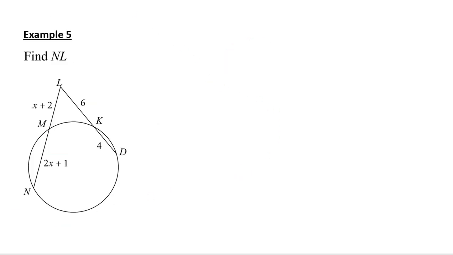Okay, our next example. Again, one that's just a little bit more complicated. I need to find NL, so I want to make sure I find that. So I have the part outside, 6, times the whole segment, which is 10, equals the piece outside, x plus 2, times the whole segment, 3x plus 3.